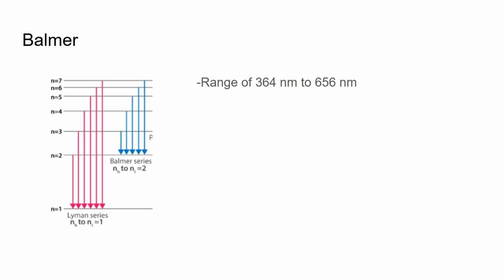The Balmer series refers to transitions in the hydrogen atom, where an electron falls from higher energy levels, n greater than or equal to 3, to the second energy level, which is 2. These transitions result in the emission of light in the visible spectrum, which we can actually see with our own eyes.